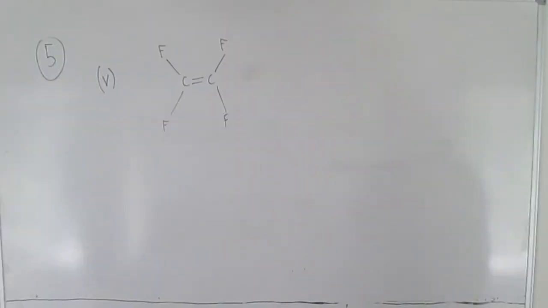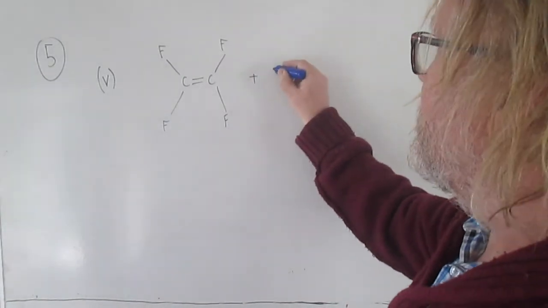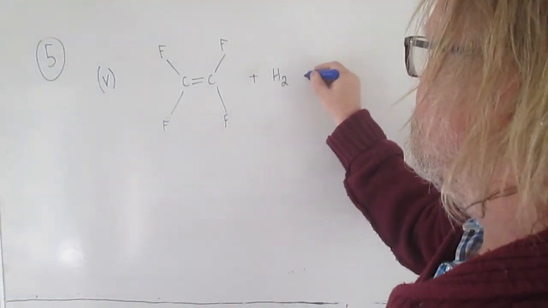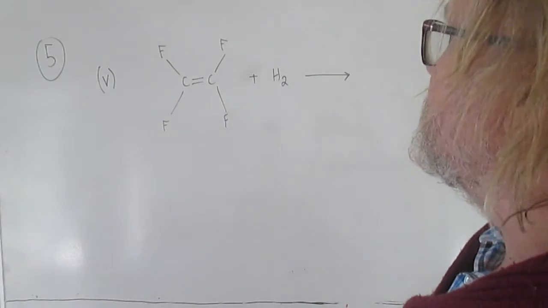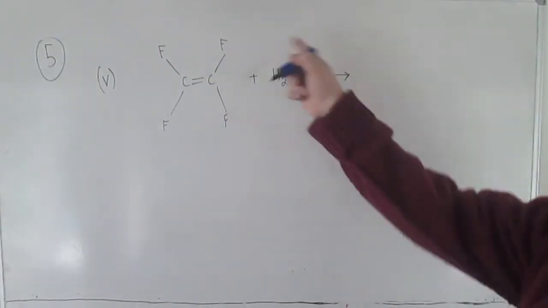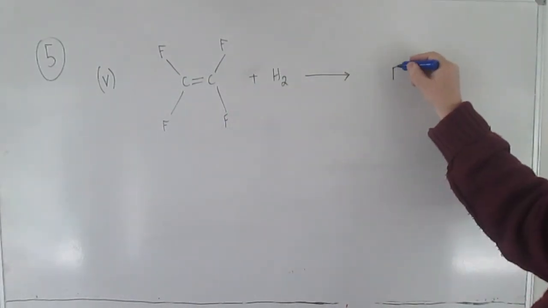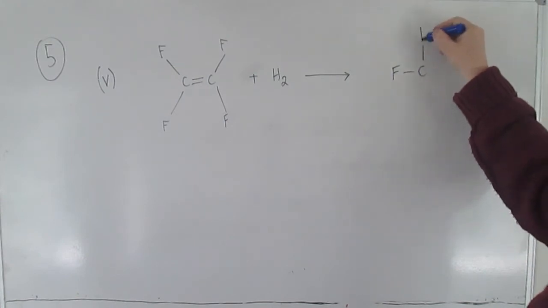In part 5 now it's asking about the reaction of this compound tetrafluoroethene with hydrogen. So this is one of the standard addition reactions of alkenes which you should know about. So the equation for that, it's an addition reaction like all these alkene reactions. So all that happens is that the atoms that are already there stay there.